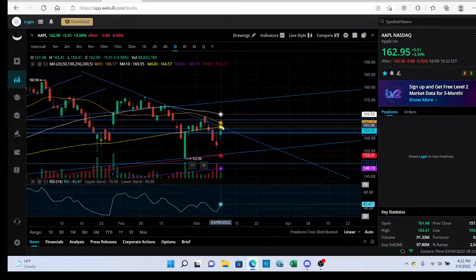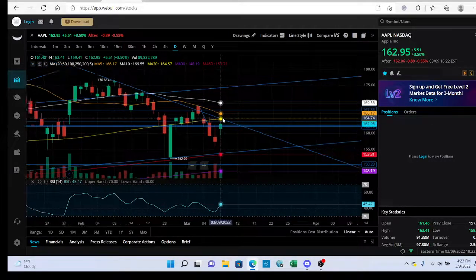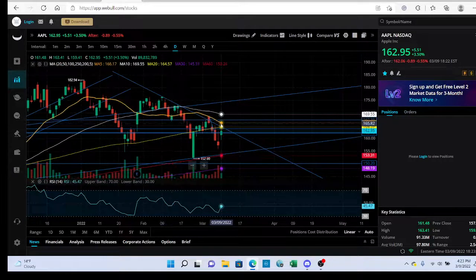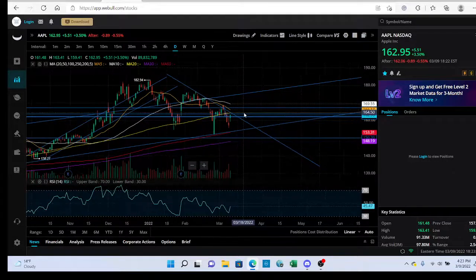We have to get back above the 100-day moving average. Notice that the 100-day moving average also lines up with where this resistance will be on the trend line. So if we get above this 100-day, we get above the 20-day, and then we get back above the 50-day right here at 169.55, then I would say that Apple is looking a little bit more bullish right now.